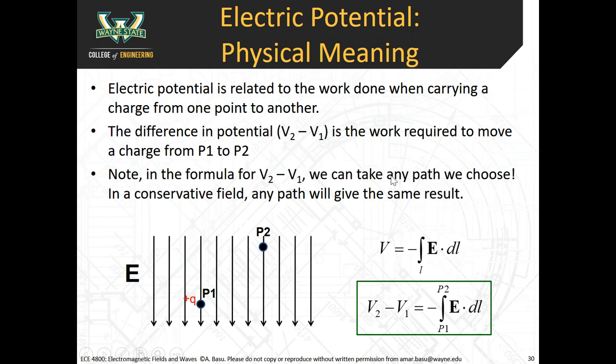The way you calculate the difference is that V2 minus V1 is the integral from P1 to P2 of E dot dL, and remember the negative sign there. You imagine a line connecting P1 and P2, and you take the integral of E dot dL along that line.